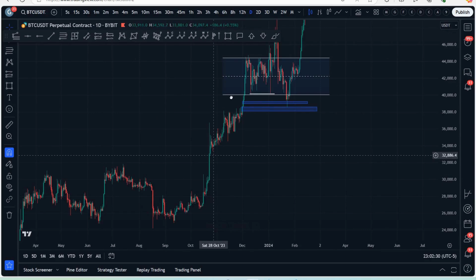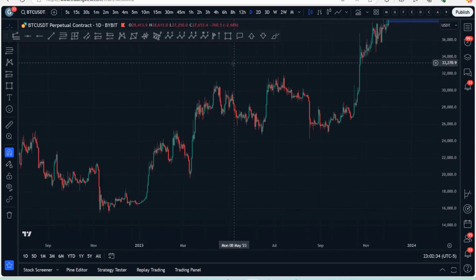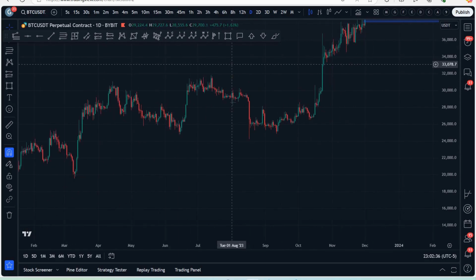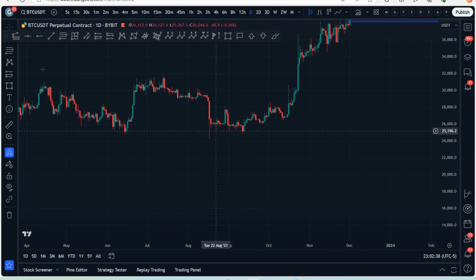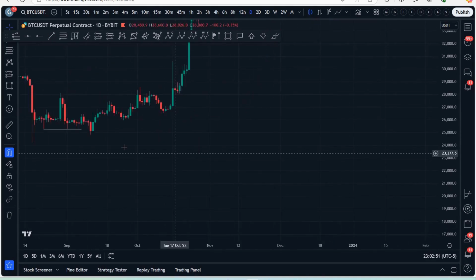Let's go and take another example. We had a little one there. It's a funny one as well. You see, there was a triple. I actually remember this moment. It was 2023, right? Okay, you had a triple bottom.